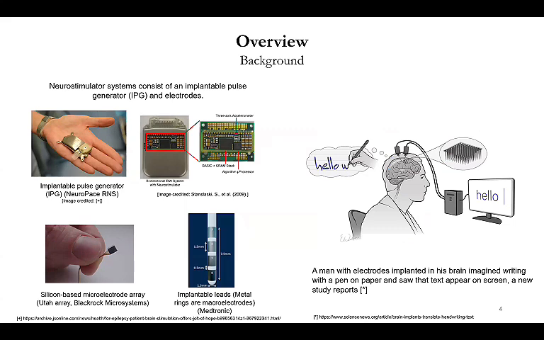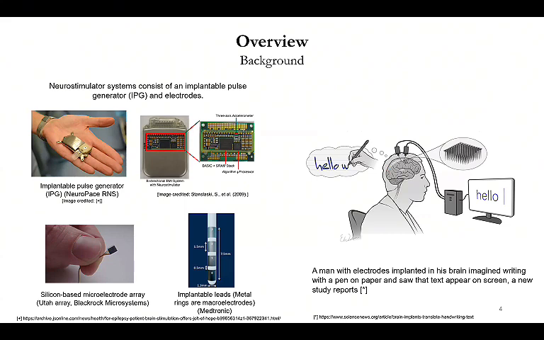So here you see the common neurostimulator system very closely. A neurostimulator is composed of two main components. One of them is the IPG, which is the implantable pulse generator. Basically, there is electronics in there, which you will see in the highlighted part, and there is also a battery, either rechargeable or non-rechargeable. The IPG generates electrical pulses. And there are electrodes.